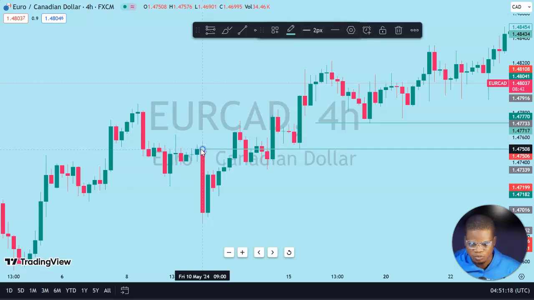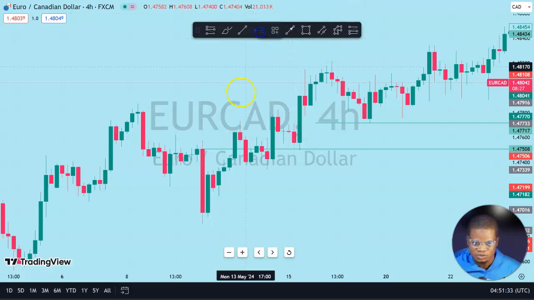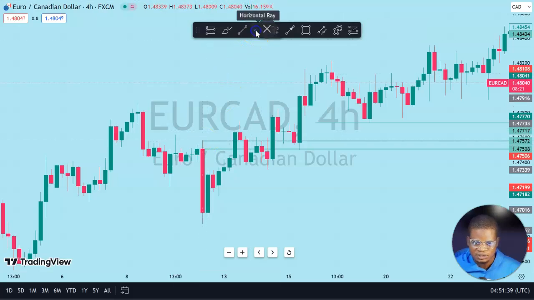This is where the candle opened, 1.47508. Then during this movement for the 4-hour, because it's a 4-hour chart, price went up to 1.47579. That is the high of the candle. This is the high of the candle, right? And then price came down. From that point, it started coming down and it created a low of the candle here.